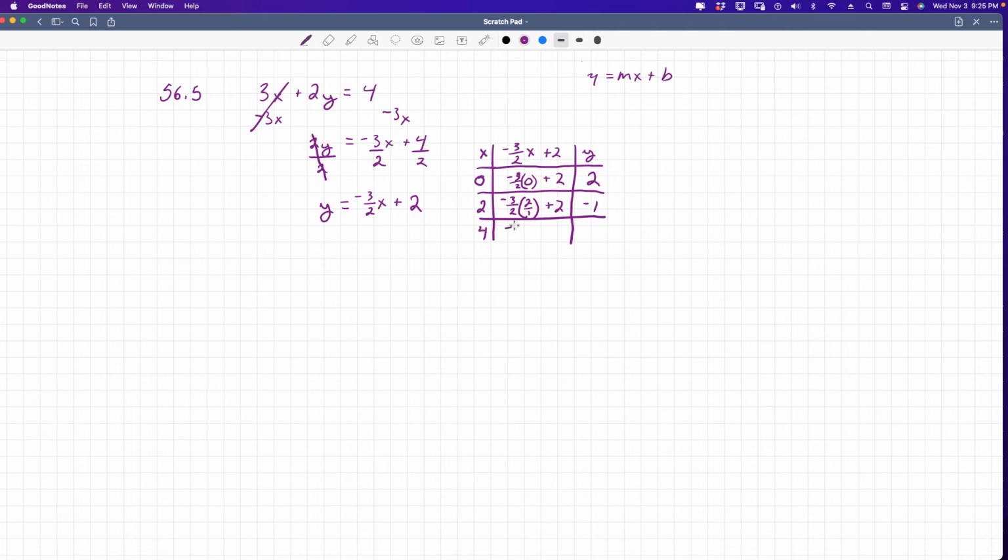If I say negative 3 over 2 times 4 plus 2, that's going to be negative 12 divided by 2. That's a negative 6. Negative 6 plus 2 is going to be a negative 4. Okay. So now we have our points.